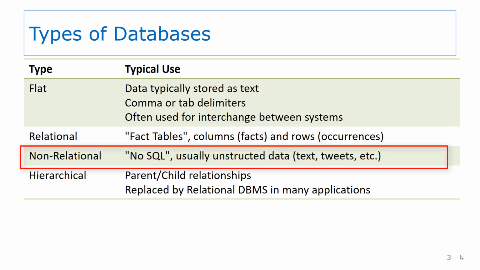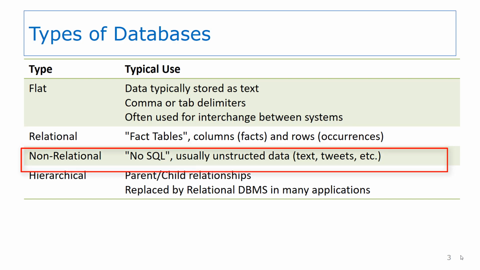Non-relational databases are sometimes referred to as NoSQL databases. These types of databases are typically used to contain what is called unstructured data. For example, text, tweets, and other data that is not easily reduced to individual facts. One of the most widely known NoSQL database systems is MongoDB.